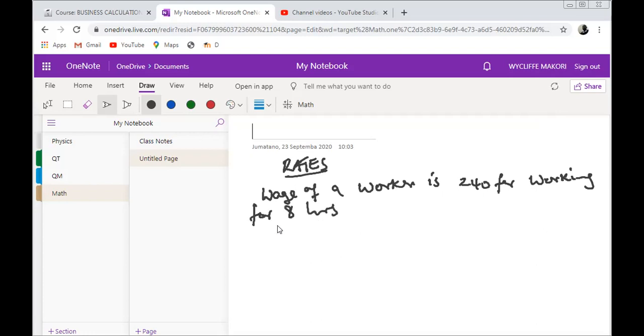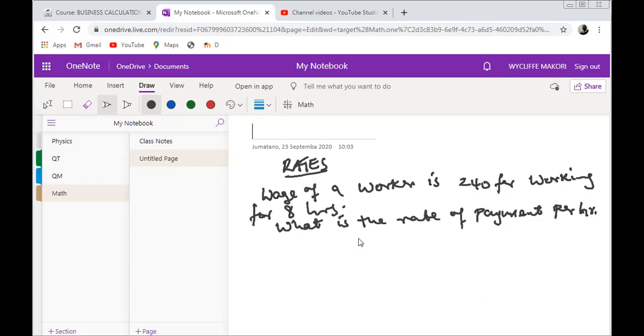Now you are asked, what is the rate of payment per hour? How much is that particular worker being paid per hour? We are told this worker is paid 240 for working 8 hours. So if 8 hours the person gets 240 shillings, what is the rate of payment in 1 hour?